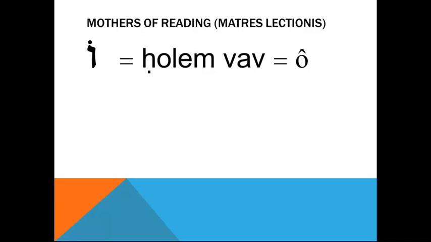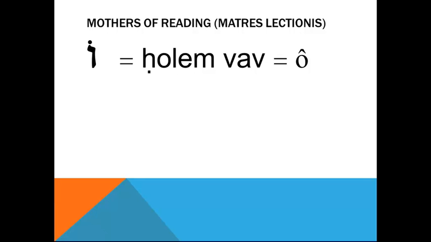Now there's a consonant vav, but it's not serving as a consonant. It has a holum on top of it. And it's that vav that is not telling you that the V or the W is there. The holum is there to say, because remember the point wasn't there in ancient Hebrew, and so the vav was there to say, hey, a long O goes here.